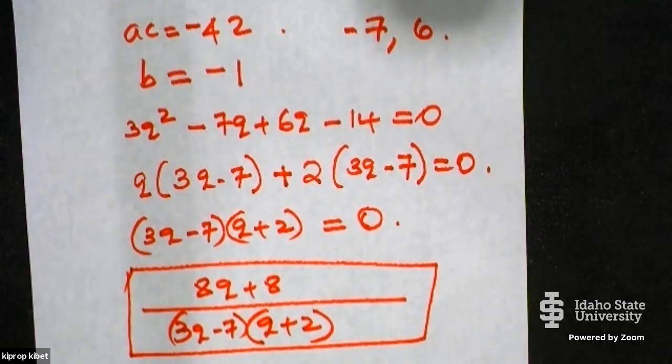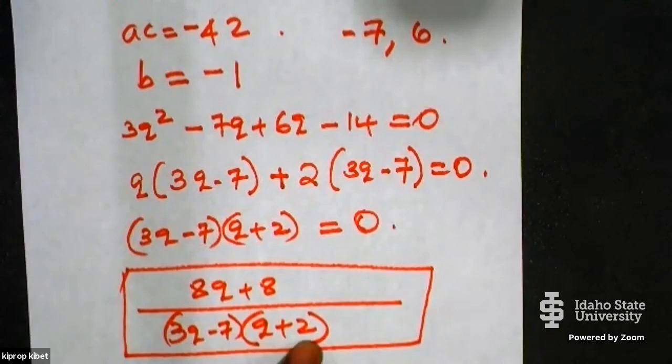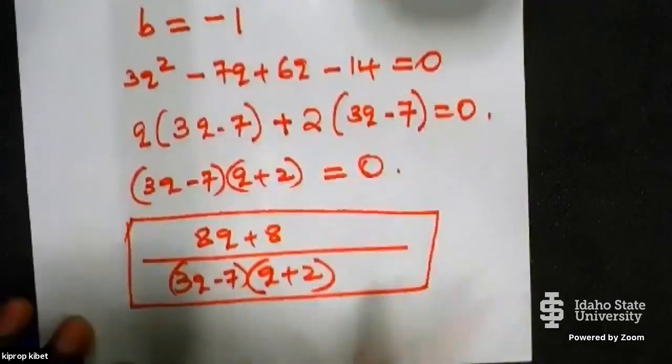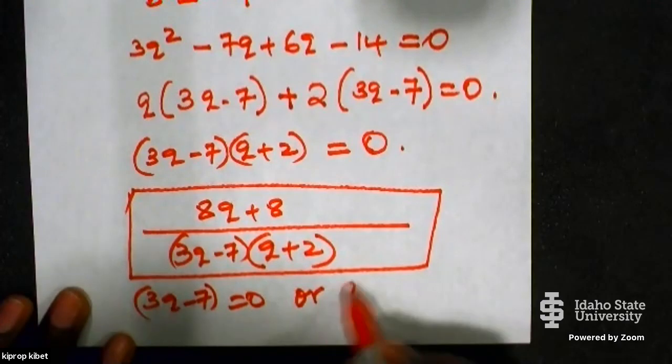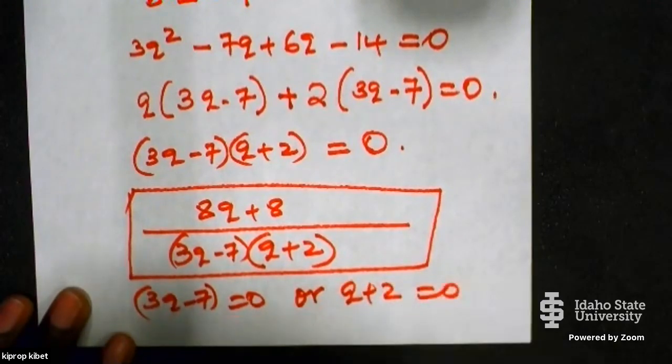Now, which values will give us undefined? So now you equate these ones to what? 0, right? So therefore, the one which will be undefined will now be 3q minus 7 equals to 0, or q plus 2 equals to what?